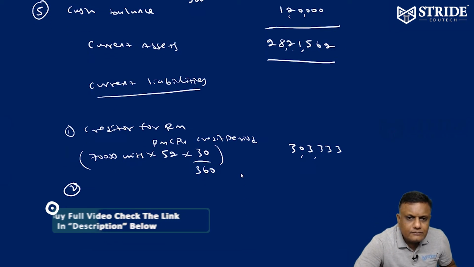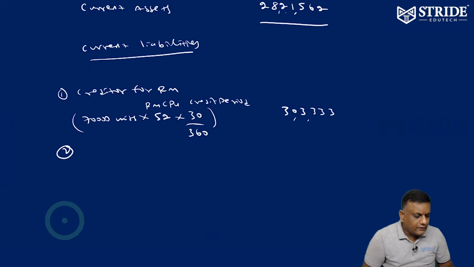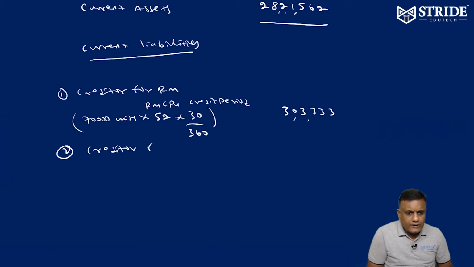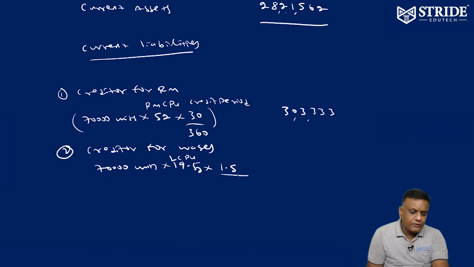Number two, creditor for wages. So 70,000 units into 19.5 labor cost per unit, into 1.5 weeks.